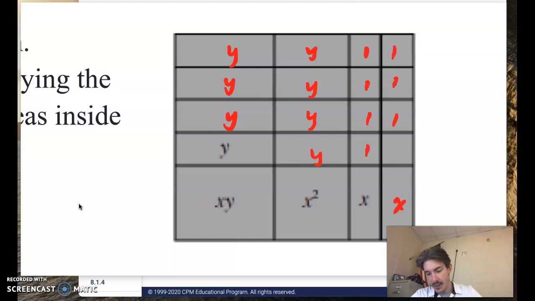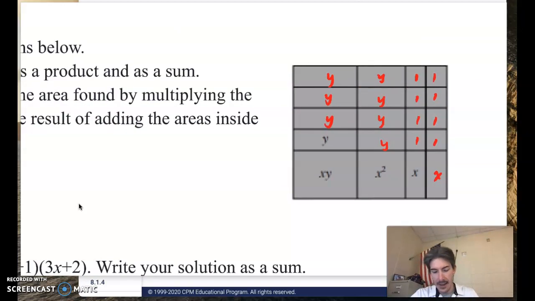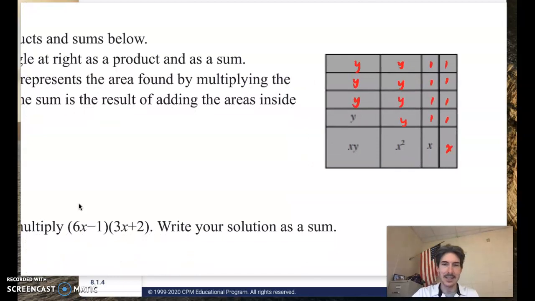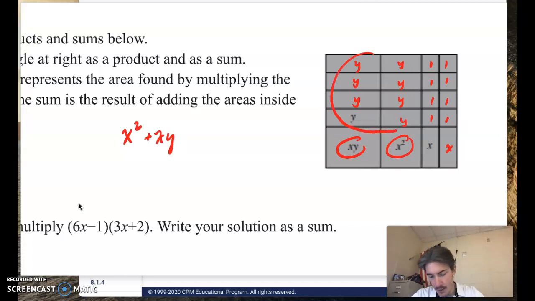And then I just write all these things combined, and order doesn't necessarily matter, although we do like to write these things with usually the highest degree first. So I might write the X squared first, and then I could write the XY, right? Addition's commutative, so you don't have to write these things in this order. And then I'm going to group all of my y's together.